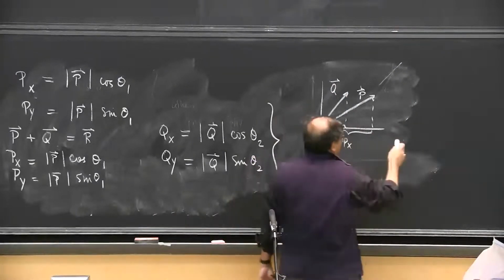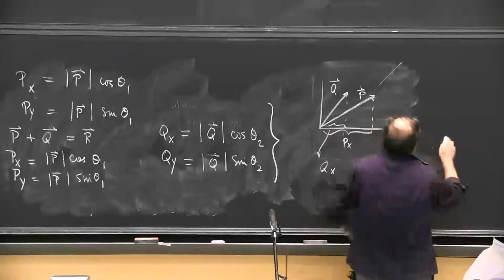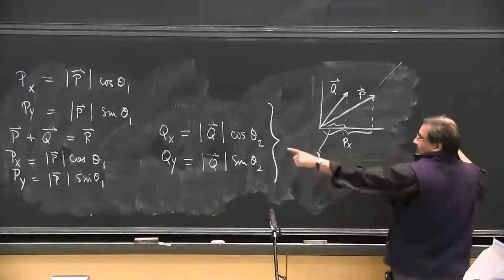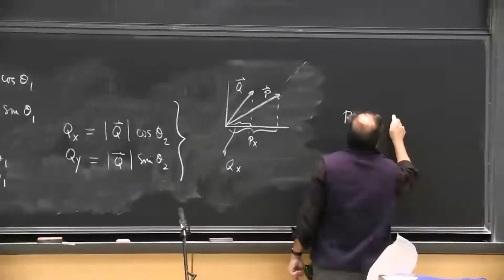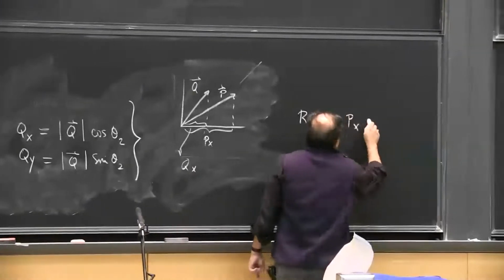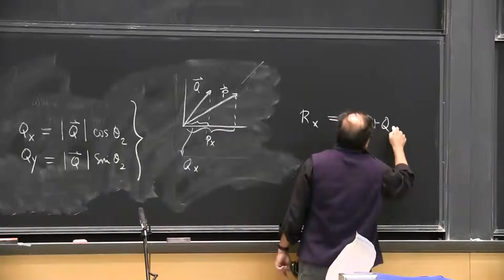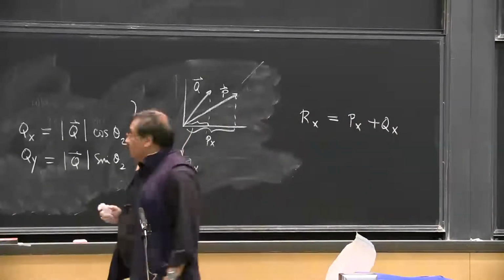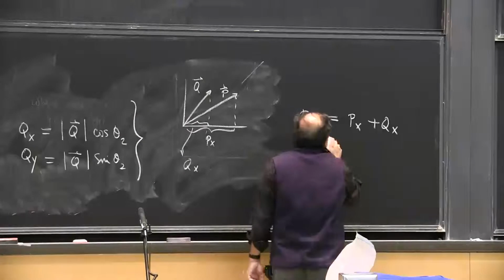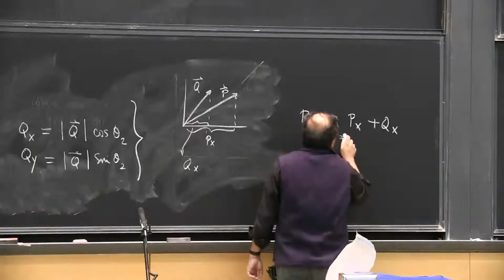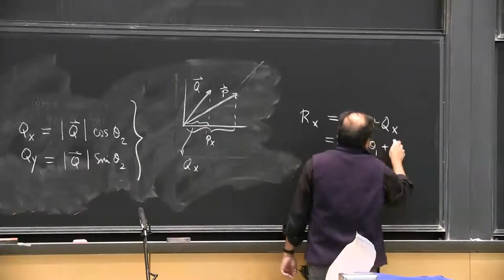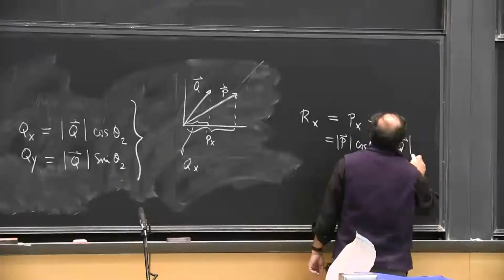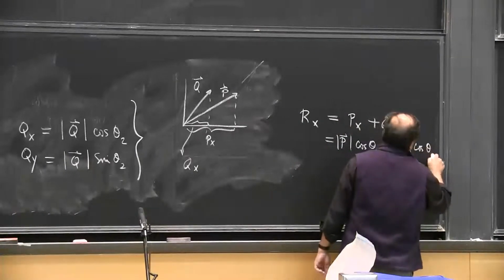So as far as summing the 2 vectors goes, I can say that the x component of the resultant R must be the sum of these 2 along the x-axis. What else can it be? Okay? So therefore I can write that Rx is P cosine of theta 1 plus Q cosine of theta 2.